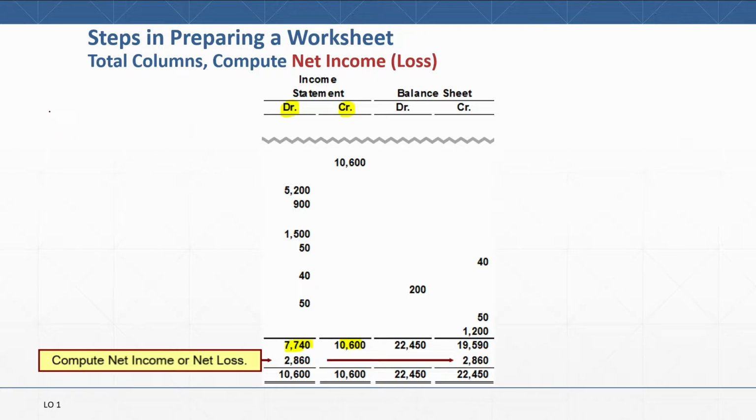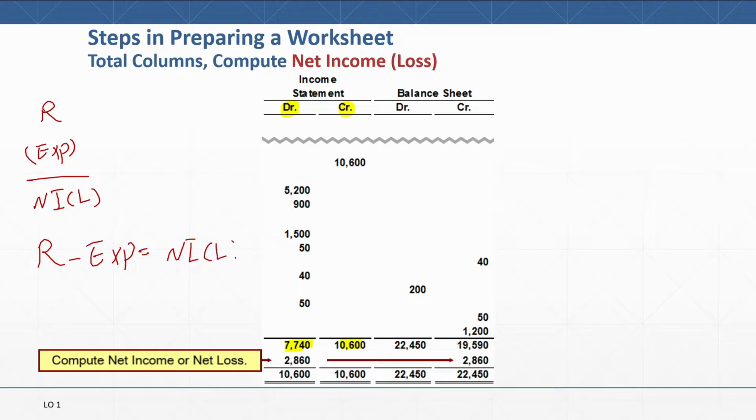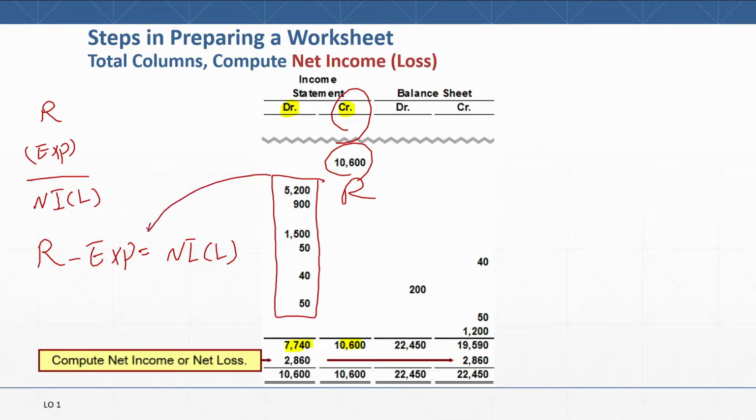Remember, under the income statement format, we report revenues and then we deduct expenses, and the result is net income or loss. Mathematically, it is revenue minus expenses, and the result is net income or loss. So the credit column reports our revenues, and the debit column reports our expenses.